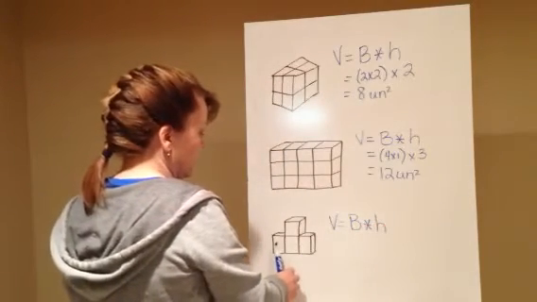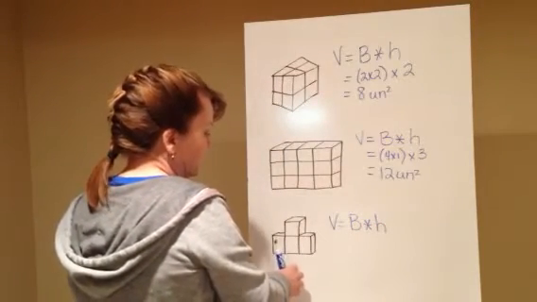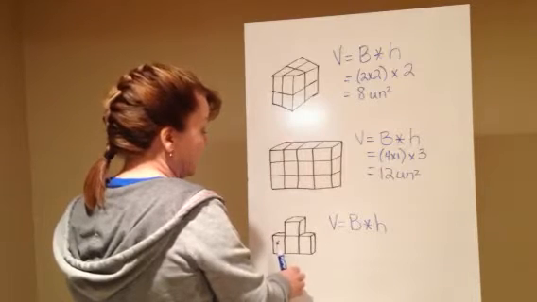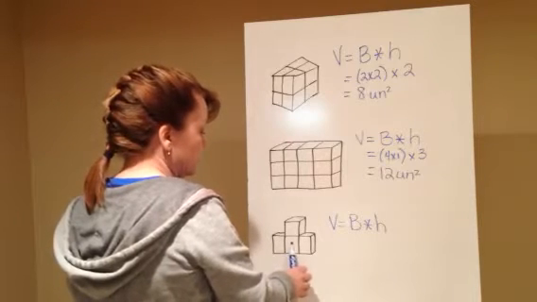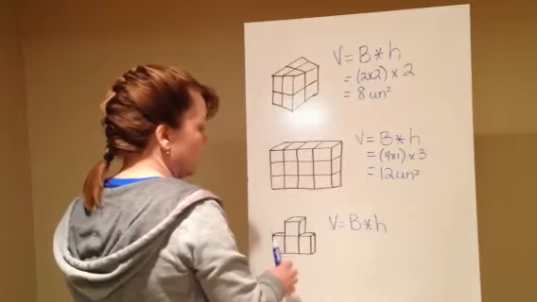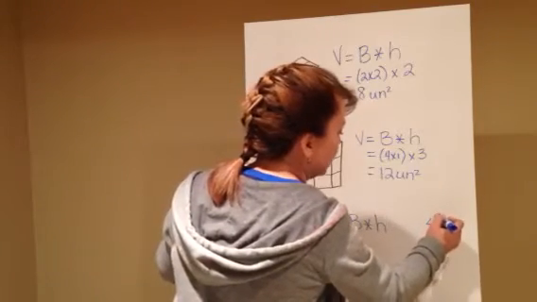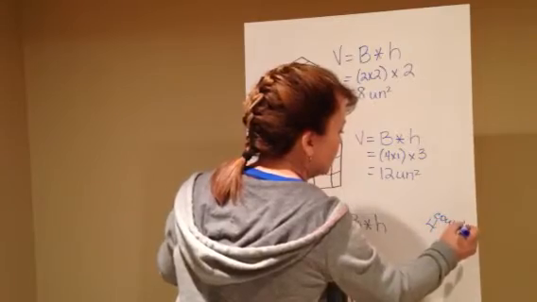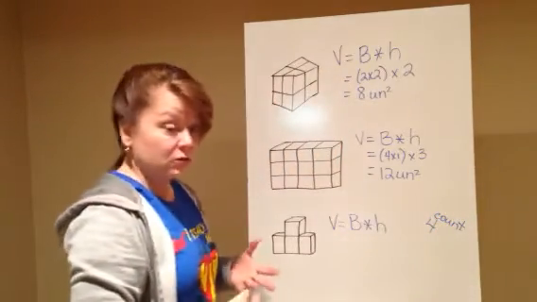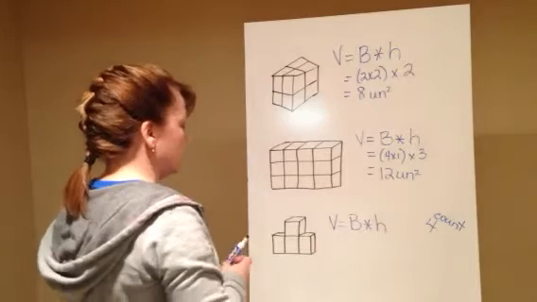Let's work it both ways. If I count them, there's 1, 2, 3, 4 cubes. So I'm going to put that over here. I count 4. Let's see if we get the same answer if we actually use the formula.